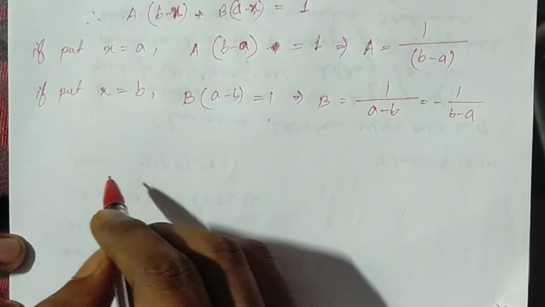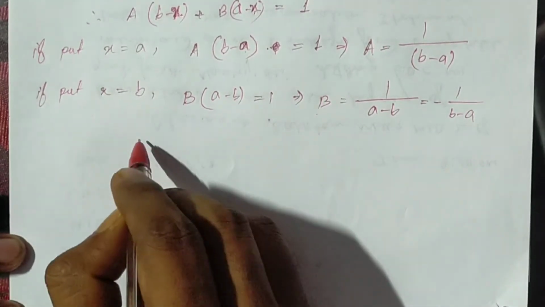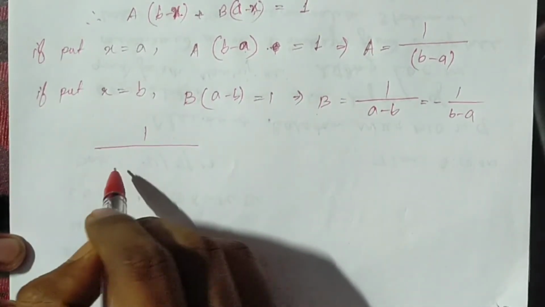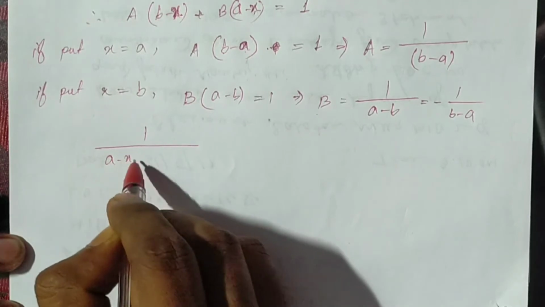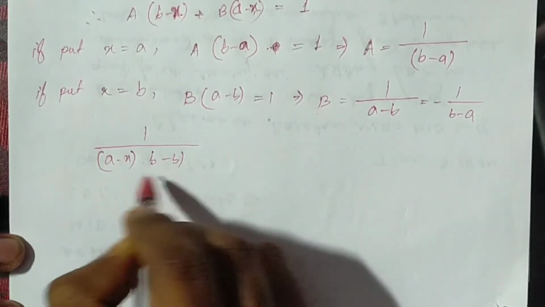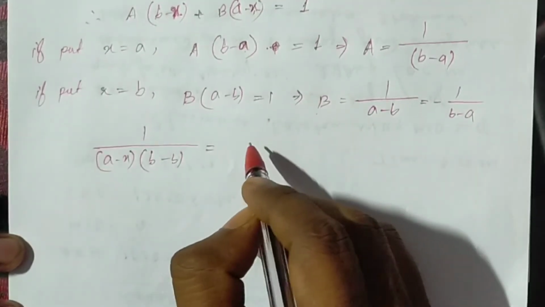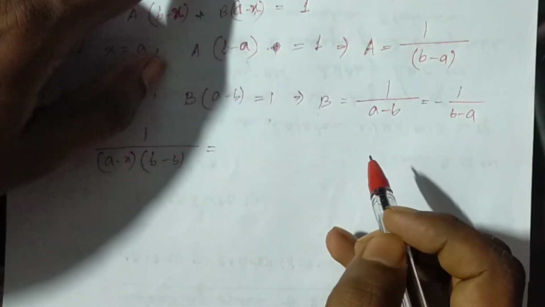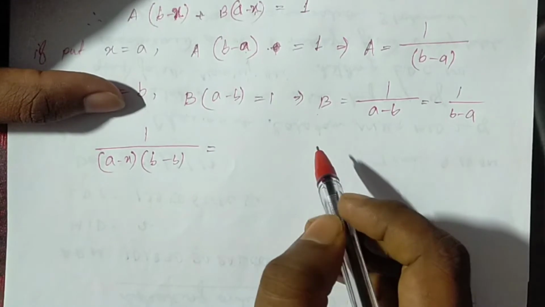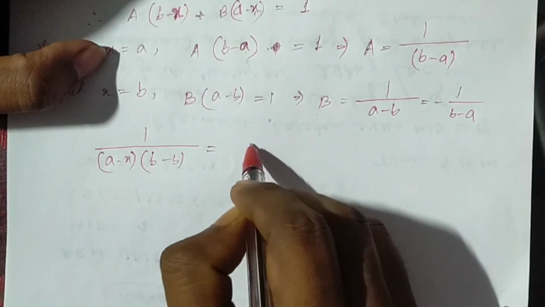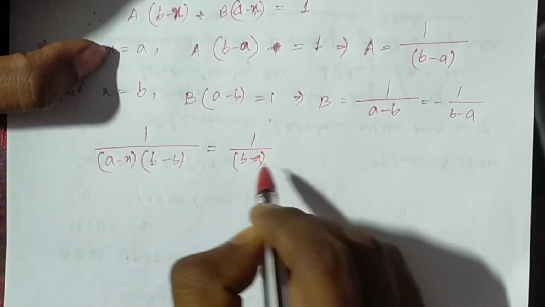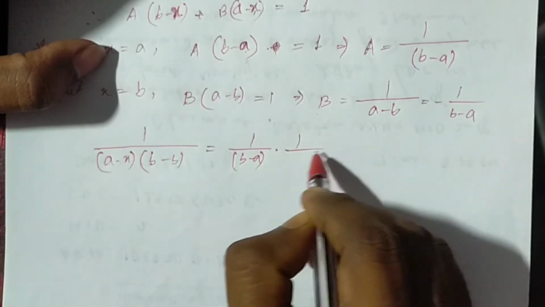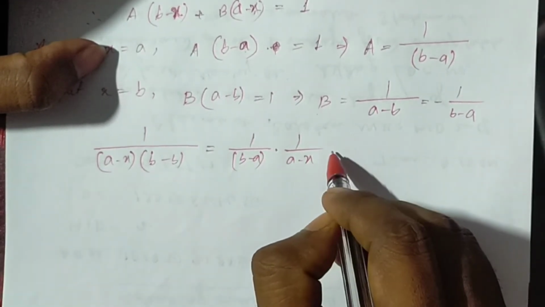Okay, so it will be 1 by (a minus x)(b minus x) is equal to, when we will put this value here it will be 1 by (b minus a) into 1 by (a minus x).